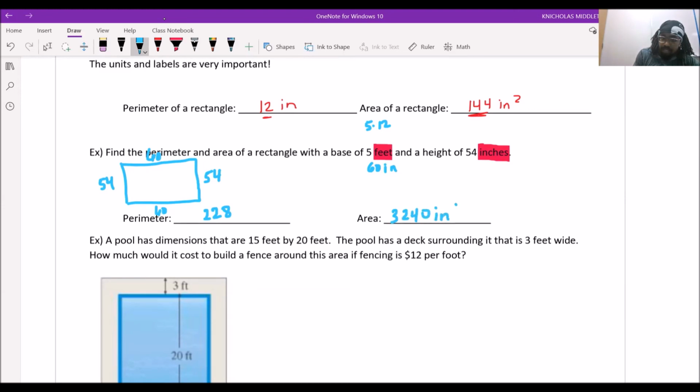And that's going to be inches squared. Again, important for us to make sure we pay attention to the labels here in two ways. First, that we're saying squared or not squared, depending on what it is, and that we're paying attention to the units.